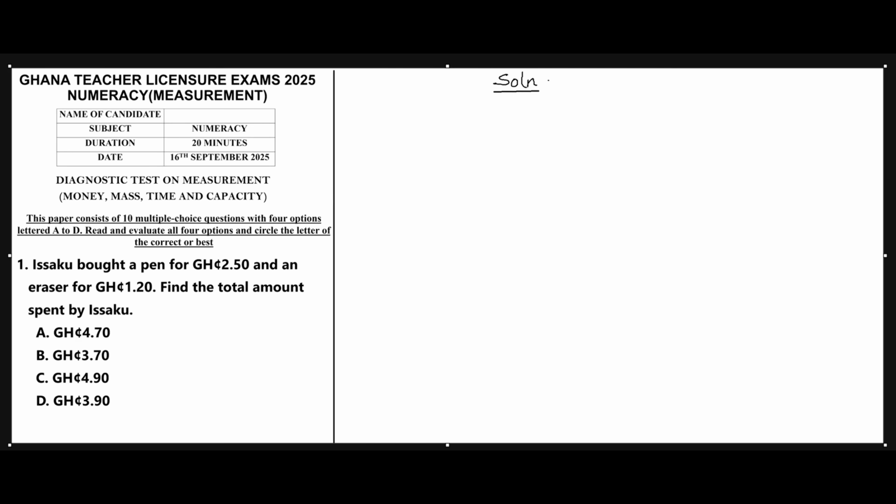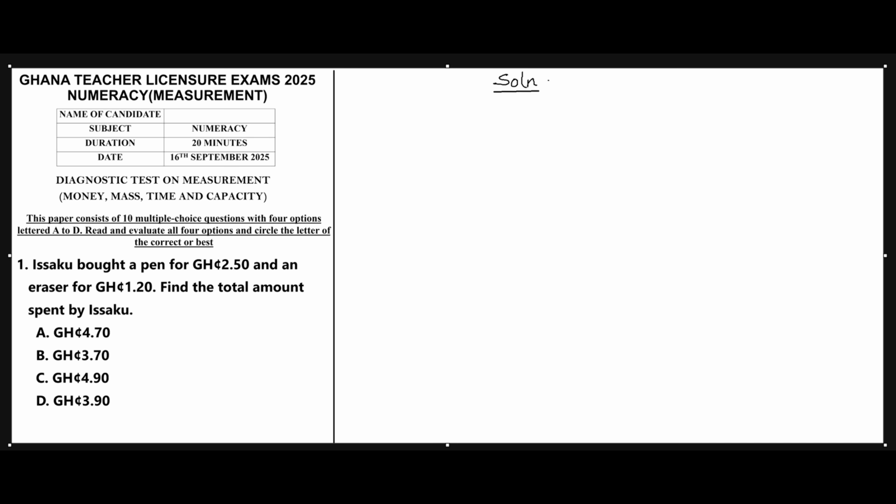After we are done solving these questions, I'm sure in the main exams, when we come across similar questions, we would be able to solve such questions. So let's begin with question 1.